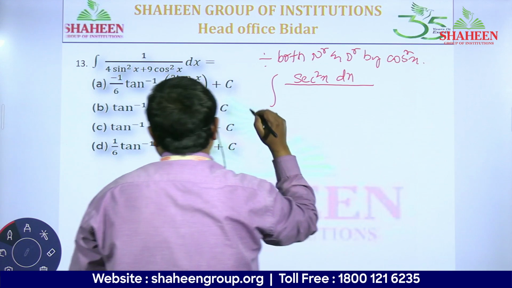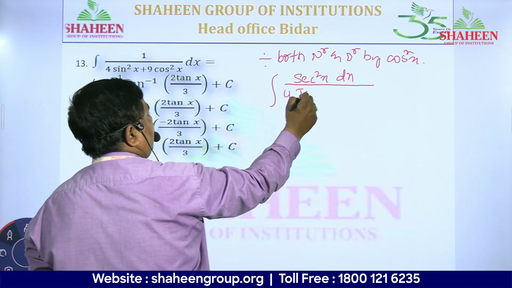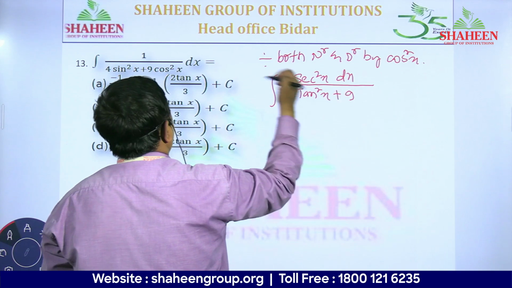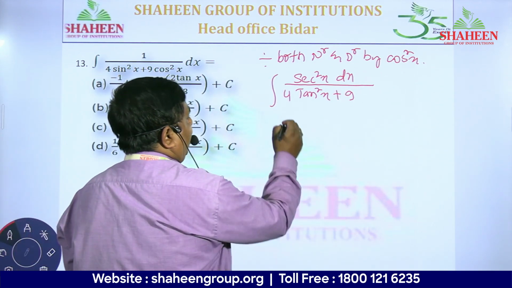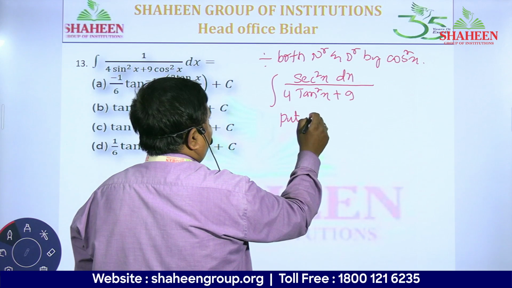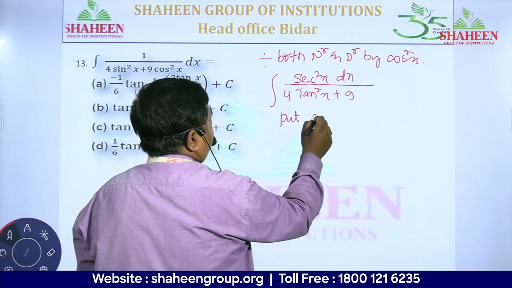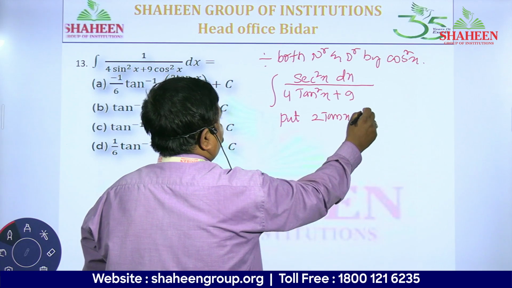And the denominator is 4 into sin square by cos square, that is tan square x, plus 9 into cos square by cos square, which is 1. Okay, and substituting 2 tan x equals t.